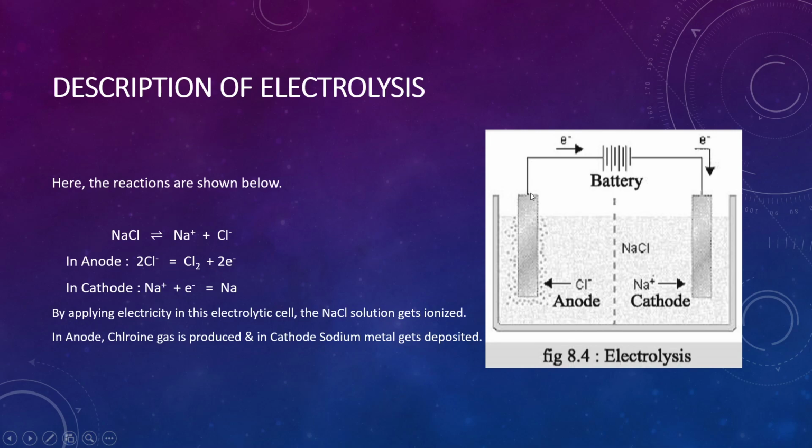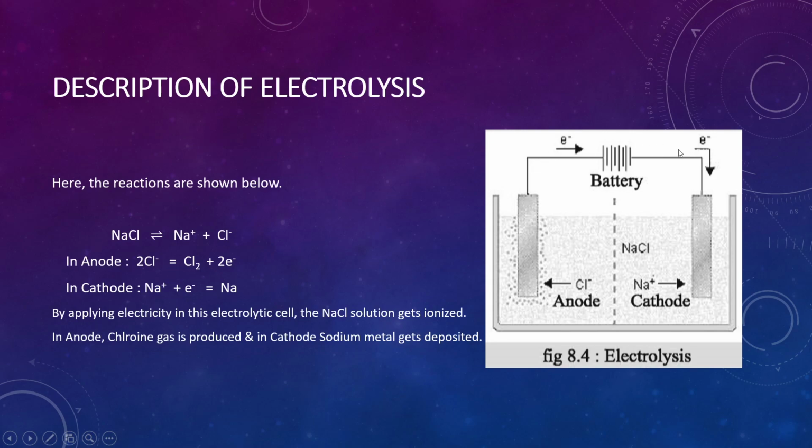Both the anode and cathode are connected by a battery and a wire to complete a circuit. So this completes a cell. This is an electrolytic cell. It consists of an anode, cathode, and battery, and the anode and cathode are connected by wires to complete the circuit.